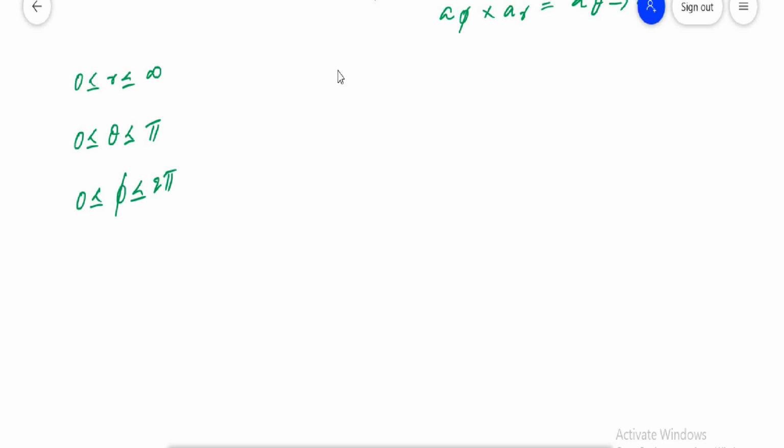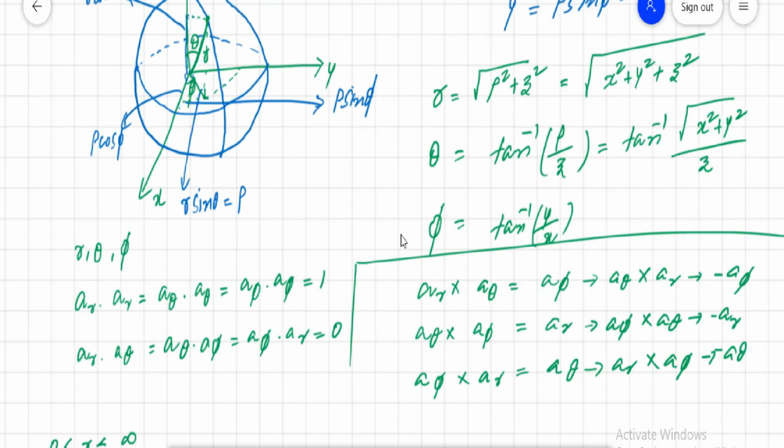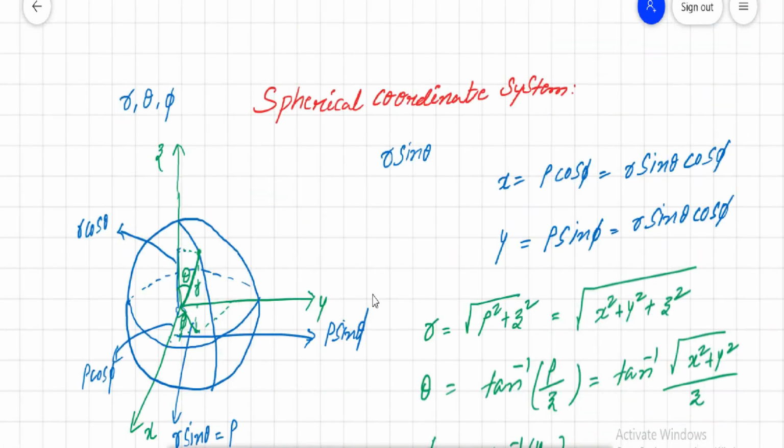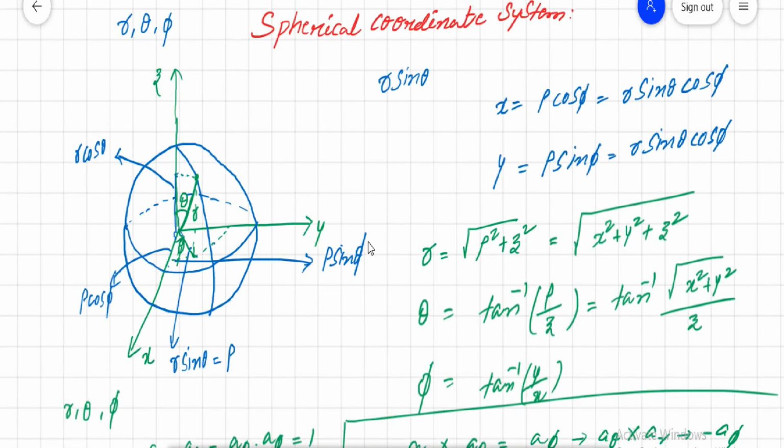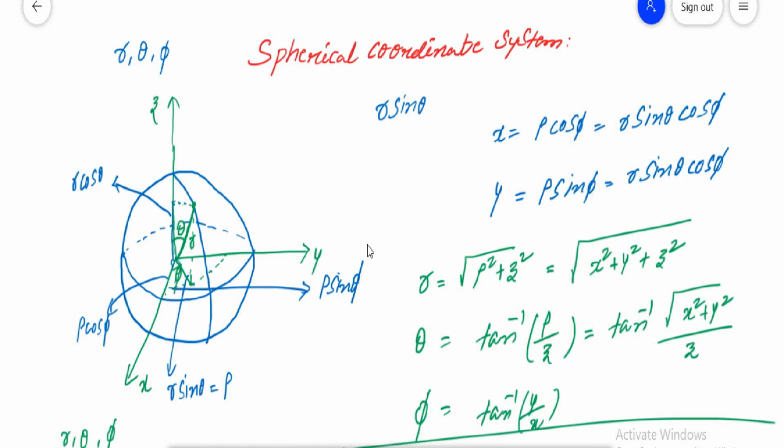So this is about the spherical coordinate system and its relation with respect to x, y, z, and in the middle we have taken rho also. With respect to the cylindrical coordinate system, phi is common between your cylindrical and your spherical coordinate system.